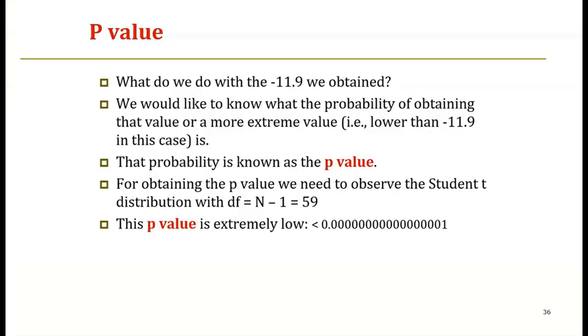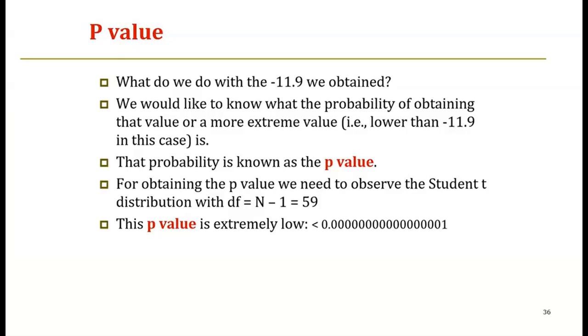So you saw in previous master classes that the t-score is distributed in a way in which the values that are close to the mean, which is 0, are more probable than values that are further away from the mean. So the further away you go from the mean, the lower the probabilities.